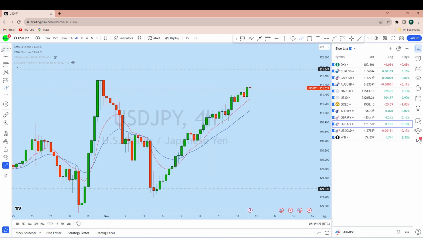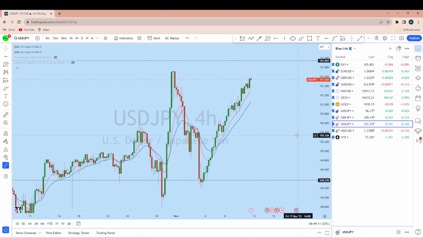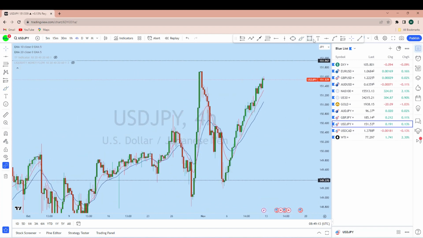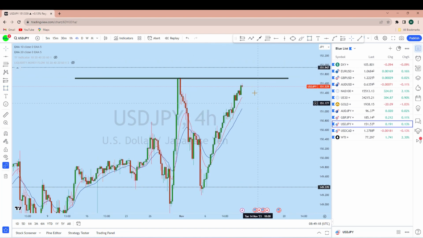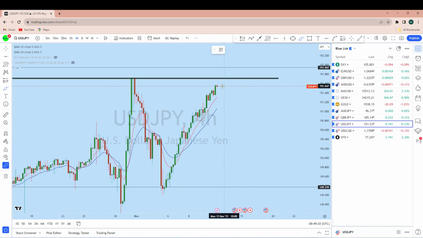Now looking at the intraday perspective on dollar yen, this is a resistance level, and we could see the price breaking the high. If dollar yen gives a suitable entry opportunity after a strong reversal confirmation, we can look for a selling opportunity on dollar yen.